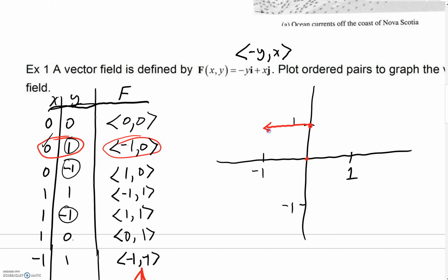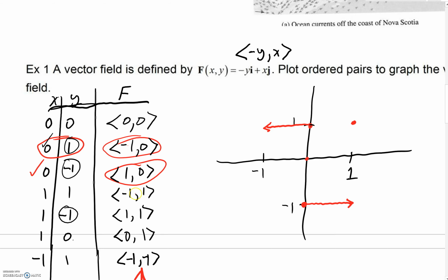What will that look like? Well, at that point, 0, 1, that's going to be our arrow. At 0, negative 1, that's down here. Draw a vector 1, 0, so go 1 step to the right. Don't go up or down any. At 1, 1, that's right here.